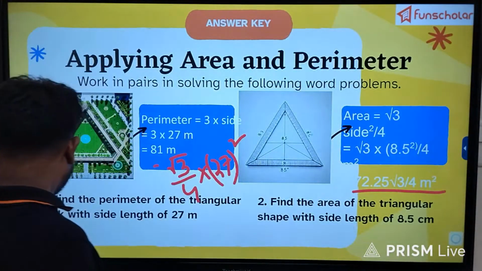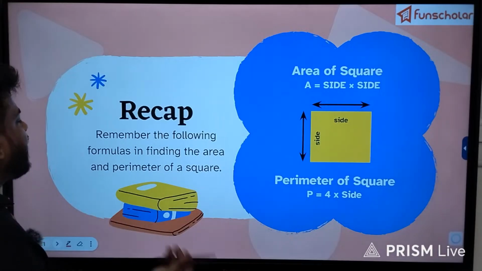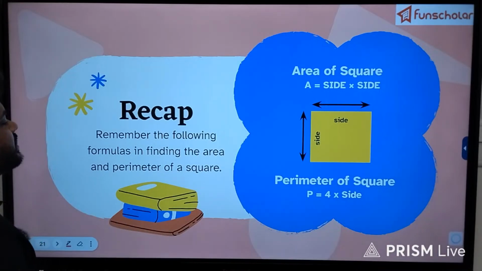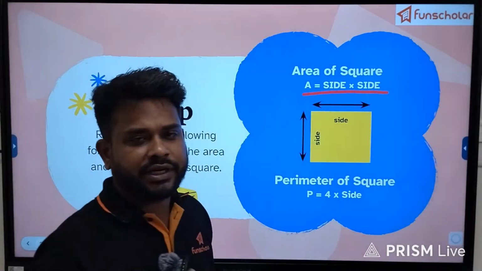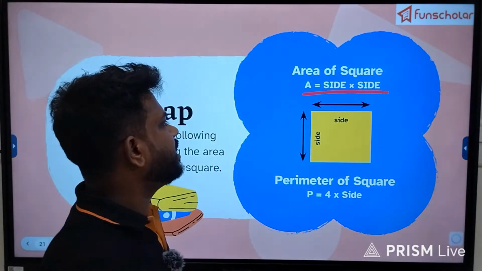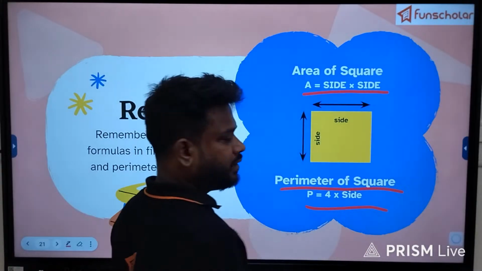Okay. The next one is a recap. Remember the following formulas in finding the area and perimeter of a square. This is a general reminder: area of a square is side into side, and perimeter of a square is 4 into side.